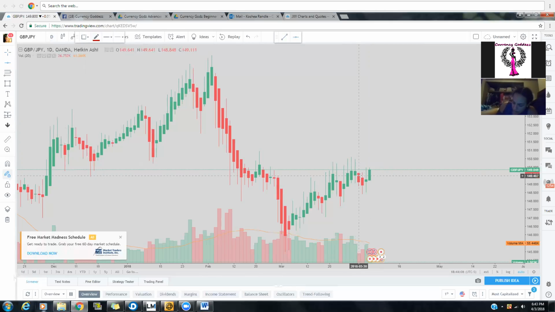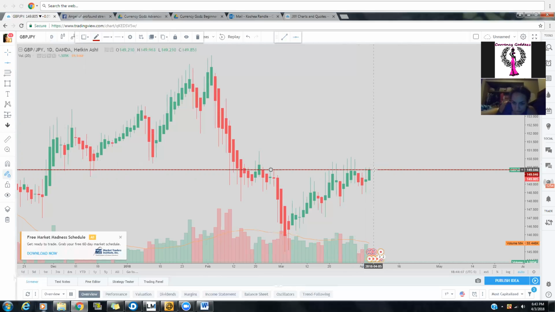Because today is Pretend Friday, we would use this last candle here. There are some exceptions, but for today, we're going to use this last candle as our high on the daily chart, and then we're going to use this one as our low.